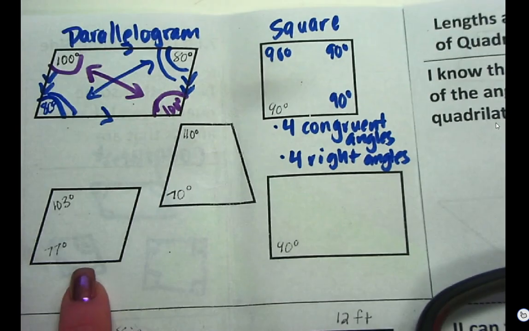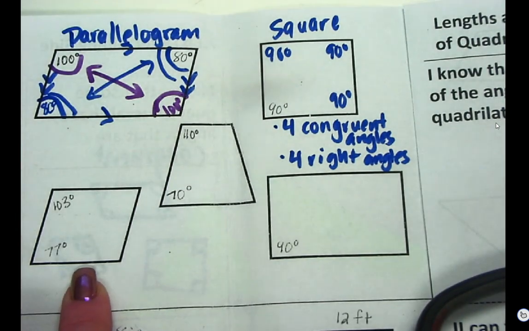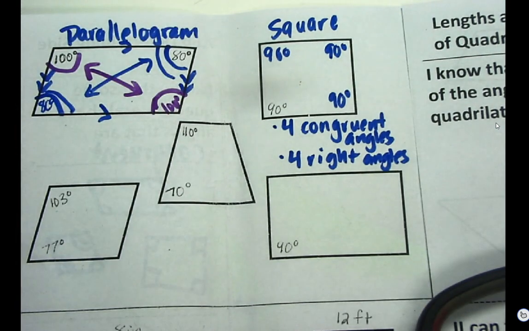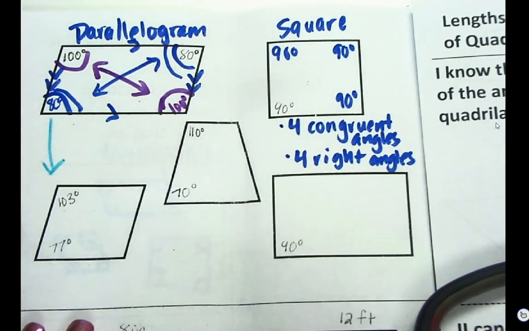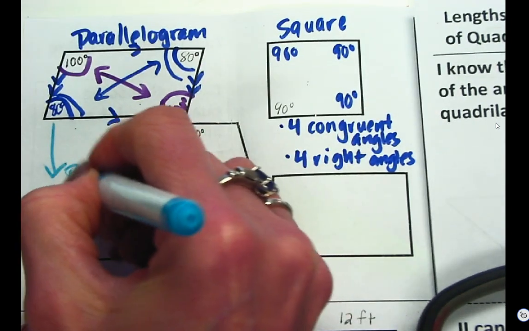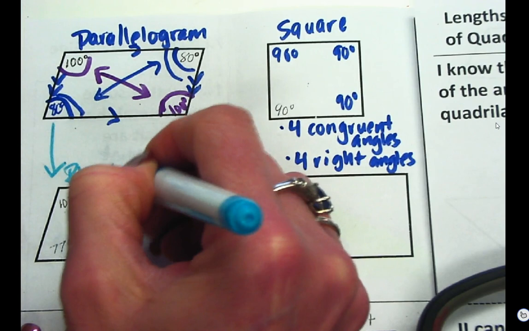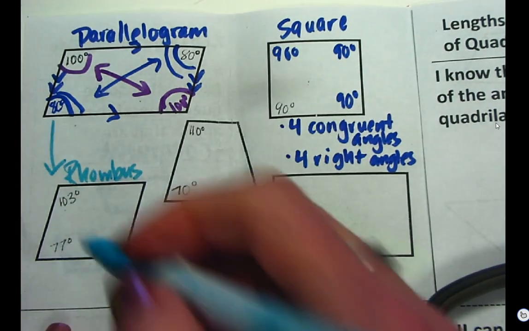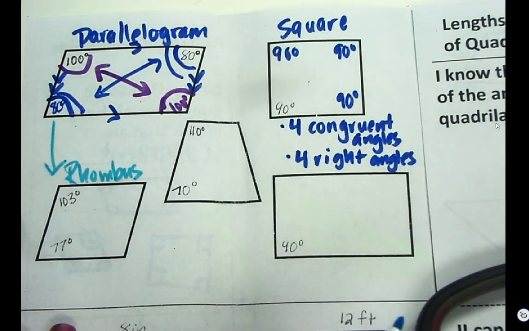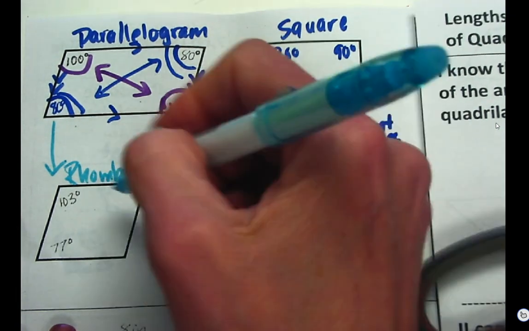All right, so let's look at this shape here. What is this shape? It's a parallelogram. It's a special parallelogram. What is it? It's a rhombus. I know a rhombus has two pairs of parallel sides. I know a rhombus also has two pairs of congruent angles. Opposite angles are congruent.